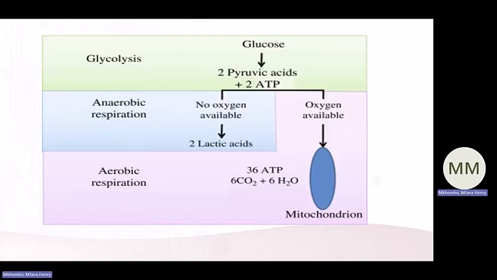Once the 2 pyruvic acids are formed, they may be used in anaerobic respiration, where there is no oxygen available, and this will result in 2 lactic acid molecules. Otherwise, if oxygen is available, the pyruvic acid enters the mitochondria, where it is metabolized into carbon dioxide, water, as well as a yield of 36 ATP molecules, which is energy.